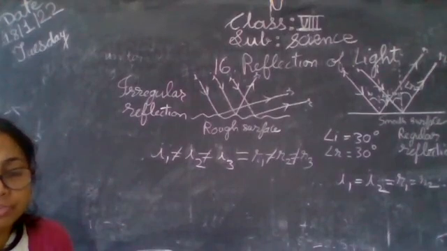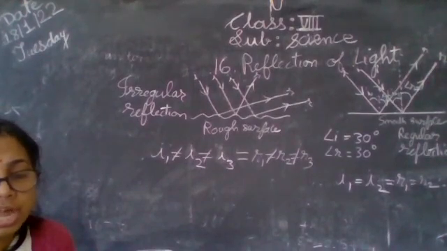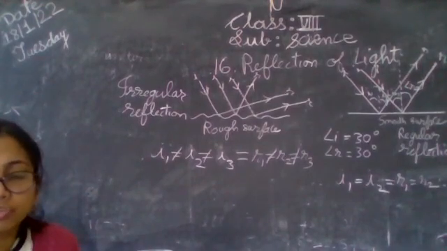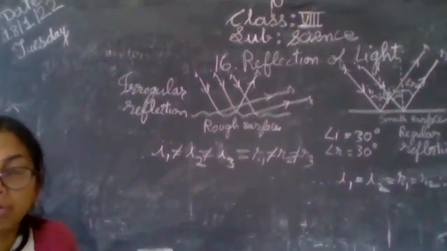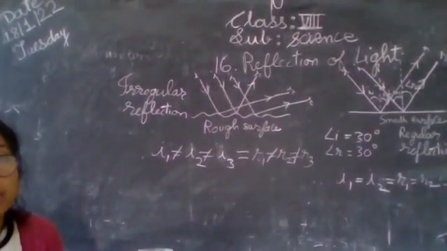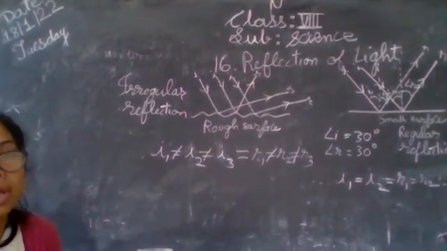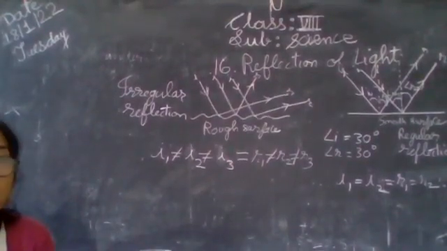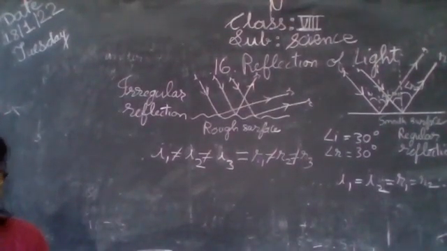And in irregular reflection, the angles of incidence at different points are different. But at any one point, the angle of incidence and angle of reflection are equal there also. Okay, even if it is scattered in a different way, angle i will be equal to angle r, but because of the rough surface, the rays are not parallel to each other. They are scattered over a large area.